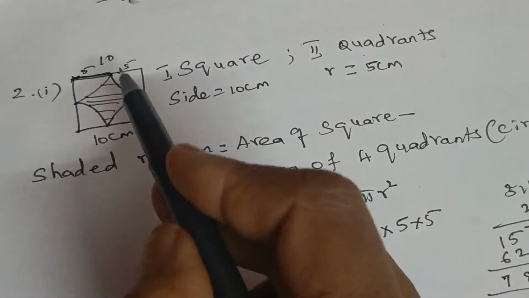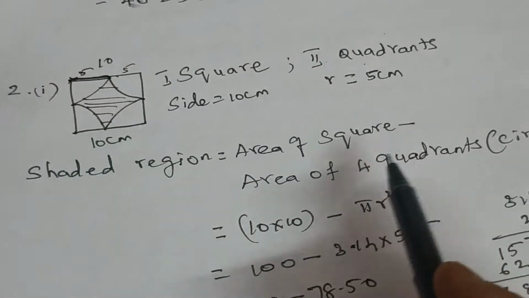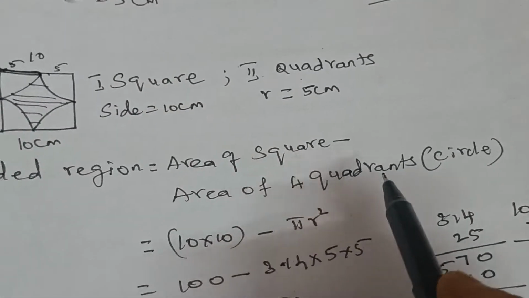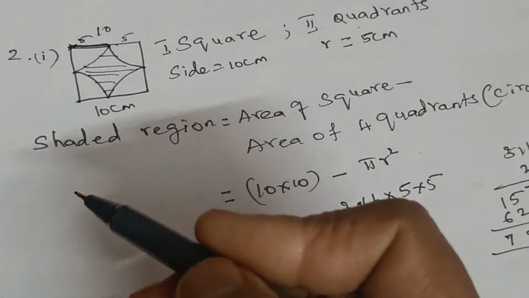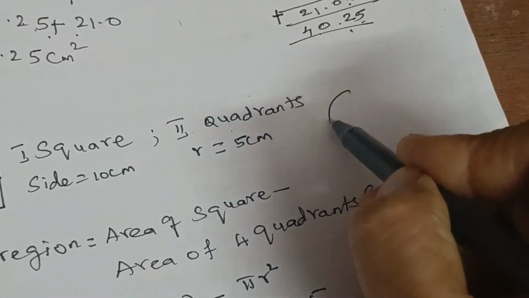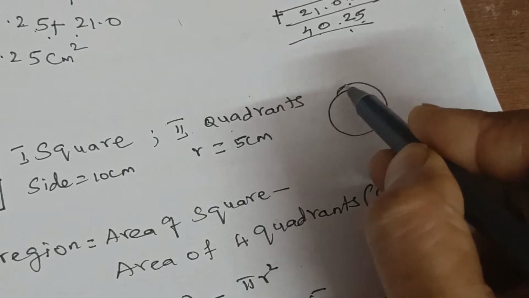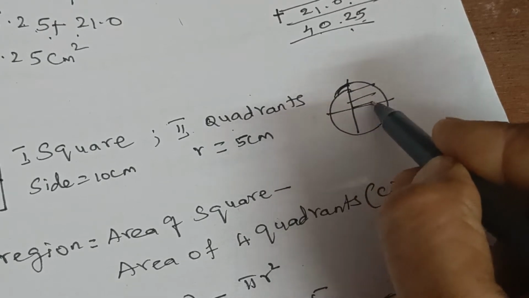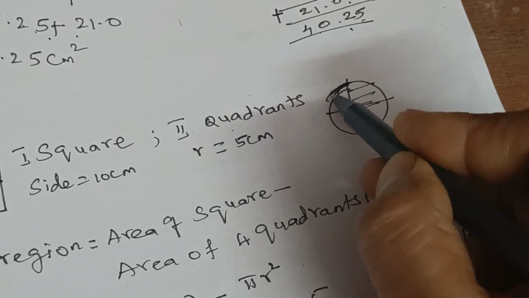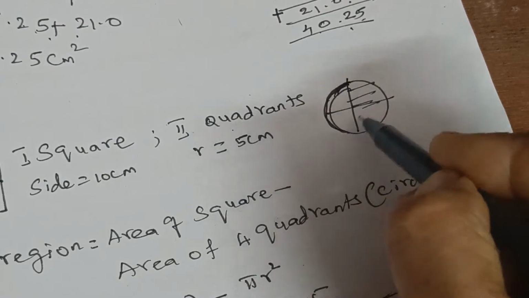Now the shaded region is area of the square minus area of 4 quadrants. When 4 quadrants join together, it forms a circle, isn't it? When a circle is divided into 4 equal parts, each part is called a quadrant.